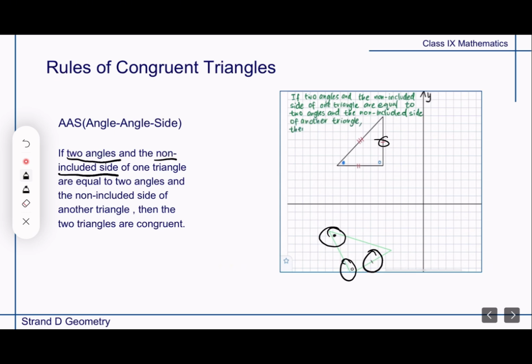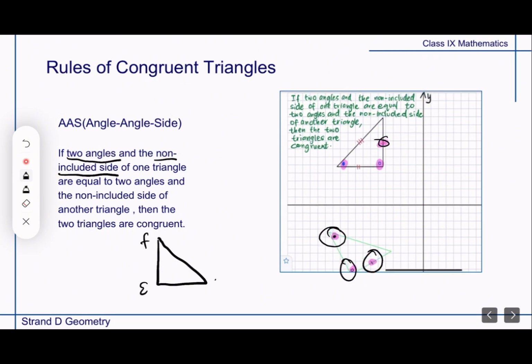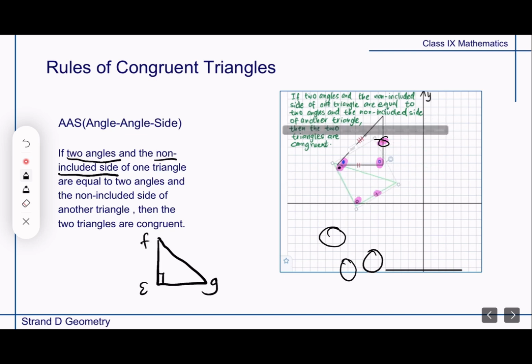So for example, if I'm taking a triangle, let's say EFG, and if I'm taking angle E, I want to follow the rule AAS.